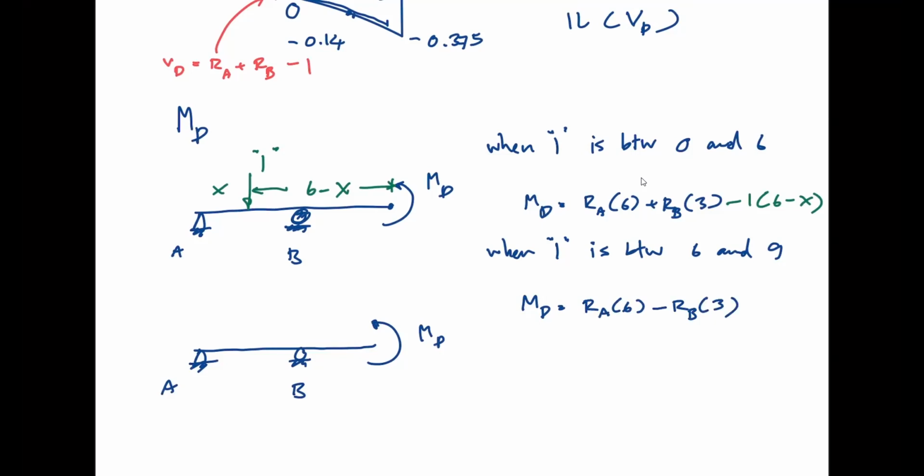Okay. Now, you may think that actually, when you look at this, can I use the free body diagram of MD on the right side? What do you think? If I don't want to involve the unit load, can I use this?